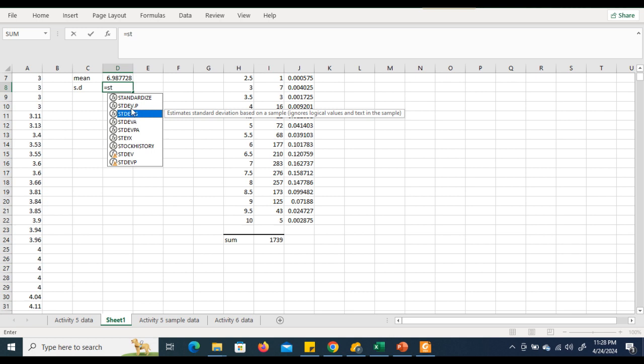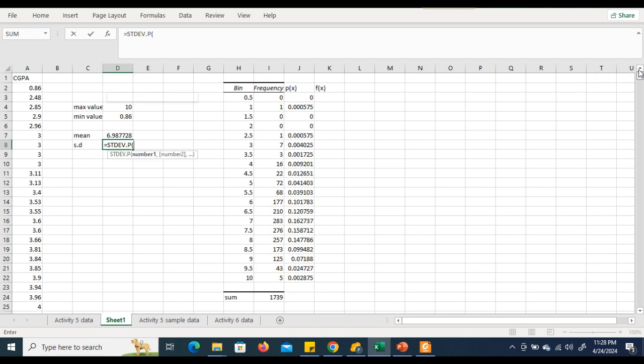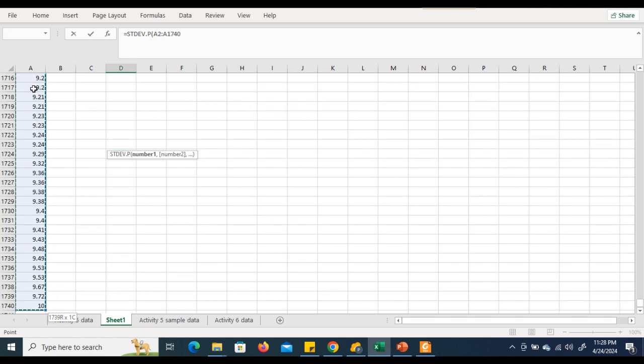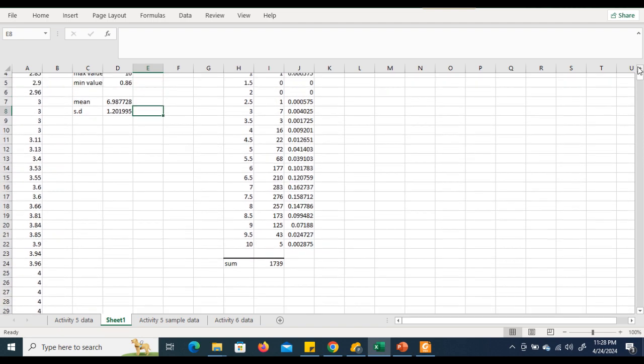But here we are considering this population, so we are going to use this formula. Again we have to select the entire column, from first entry to last, control shift and down key, bracket close, so it will give us the standard deviation of the population.